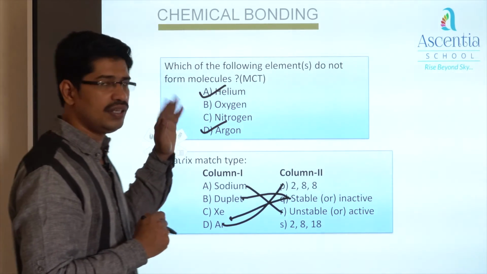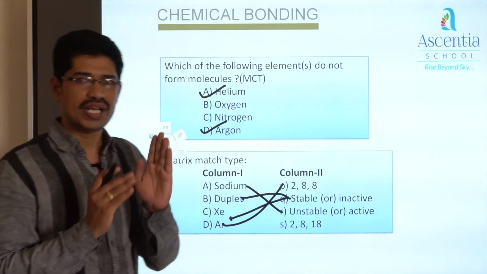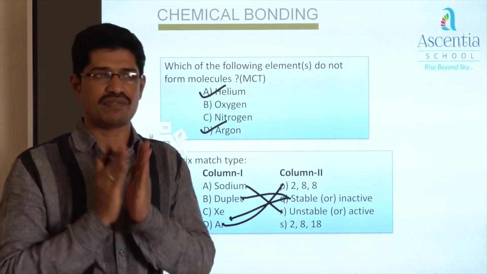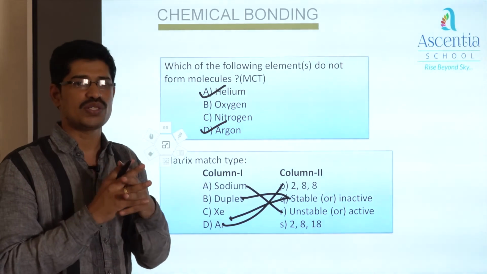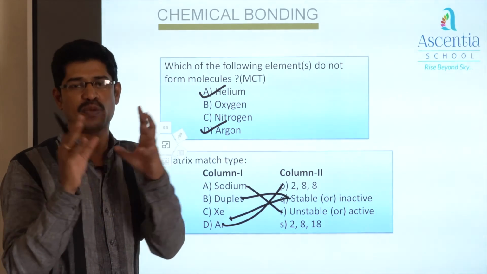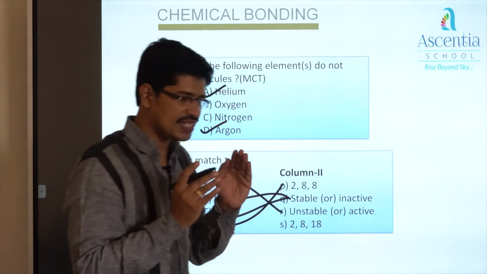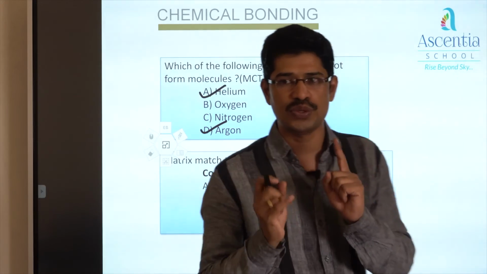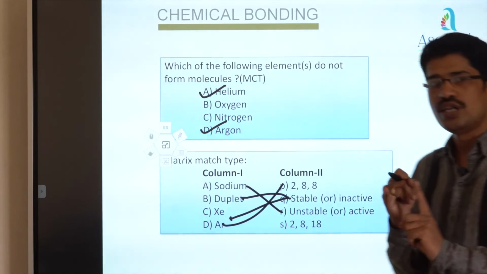So once again, to recapitulate: a chemical bond is nothing but the force of attraction which holds atoms or ions together. In chemical bonding, in the initial stages, what do we require to know? Valency electrons, the octet rule, and the Lewis dot structure.